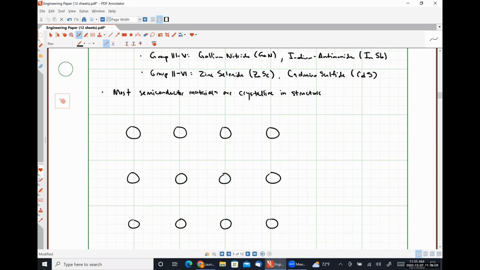So this is the nucleus of the atom, effectively. I'm going to give the nucleus a charge of +4. We'll talk about why in a moment.